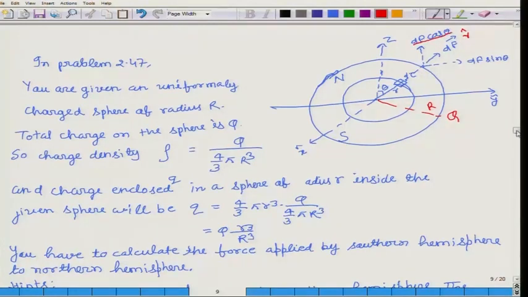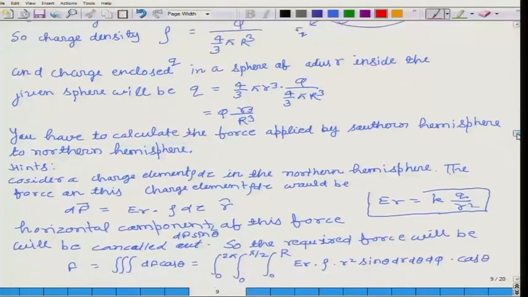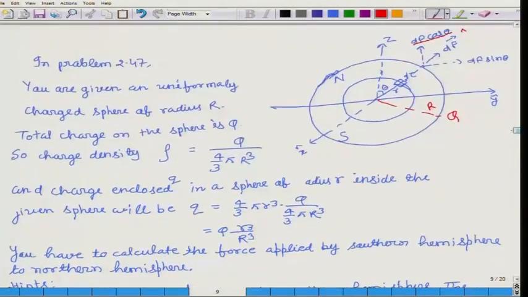Adding means you integrate dF cos theta. Keep in mind your theta integration will be from 0 to pi by 2, because you are calculating the force on the hemisphere, so you can go only from here to here.